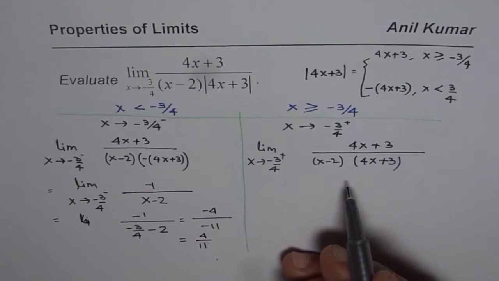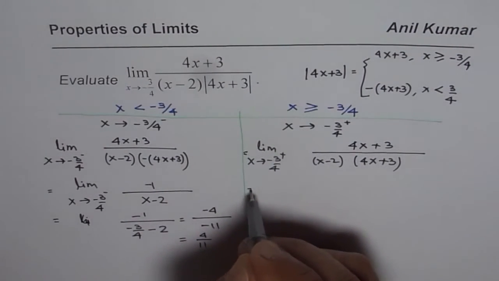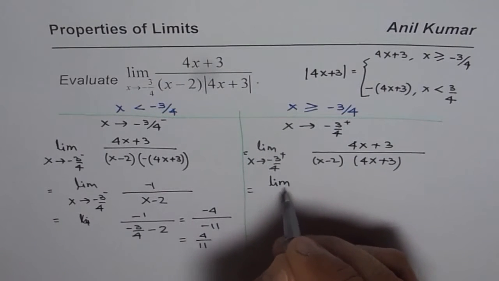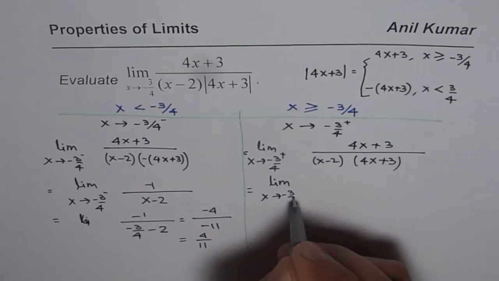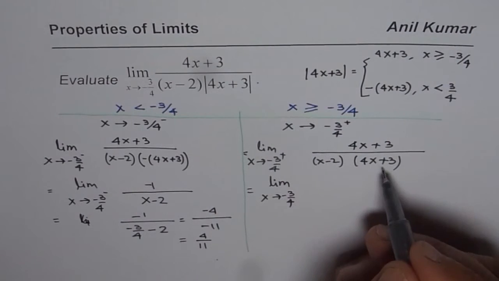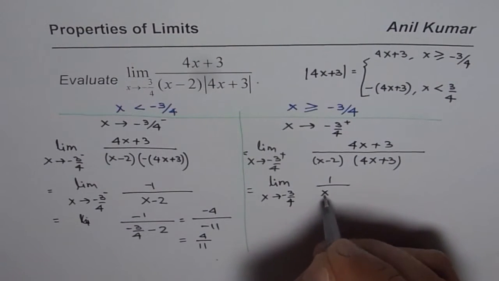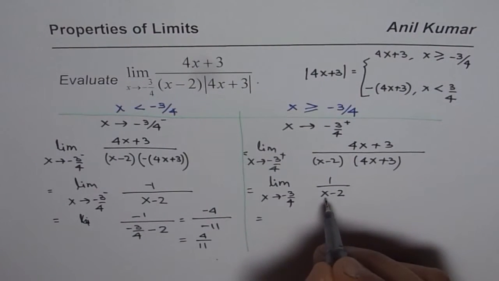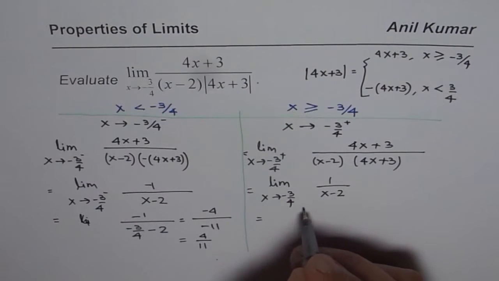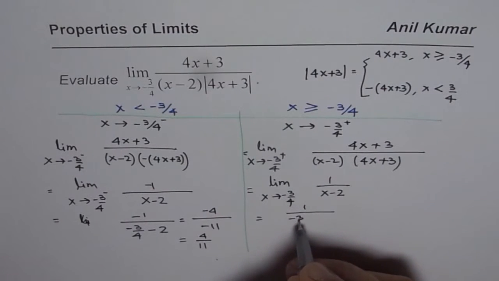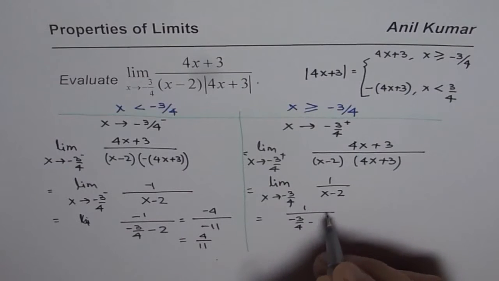Let's do the same thing on the right side. It can be written as the limit as x approaches minus 3 over 4, and as you know, this cancels out, so you get 1 over x minus 2, and when I substitute minus 3 over 4 here, I get 1 over minus 3 over 4 minus 2.